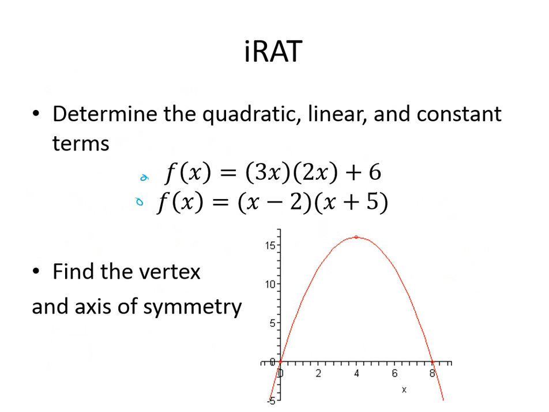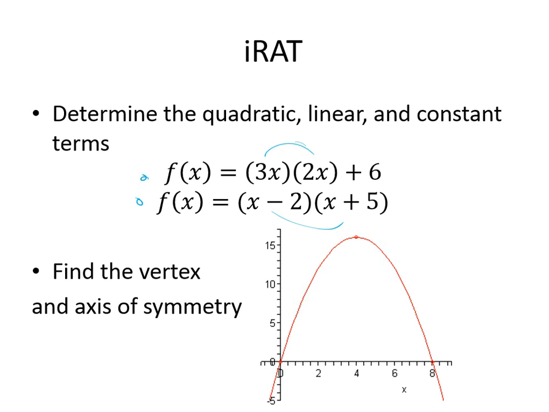All right, so what you're going to do now for your IRAT is look at these two functions and determine the quadratic, the linear, and the constant terms for each of these. You're going to have to make sure you multiply these through so you can see what the function is, simplify it all the way down. You're going to say the quadratic term is this, the linear term is this, your constant term is this for each of these.